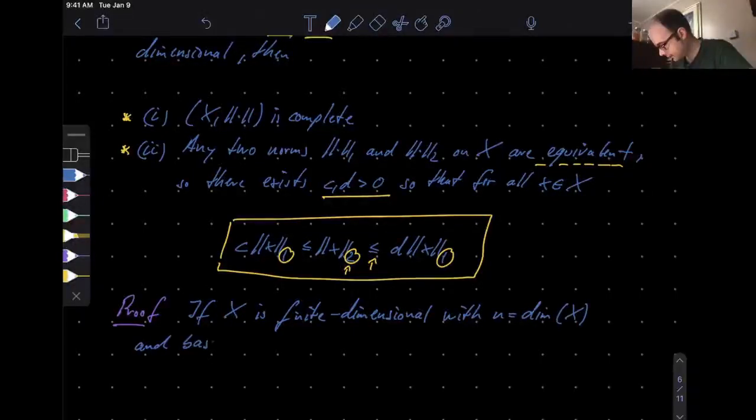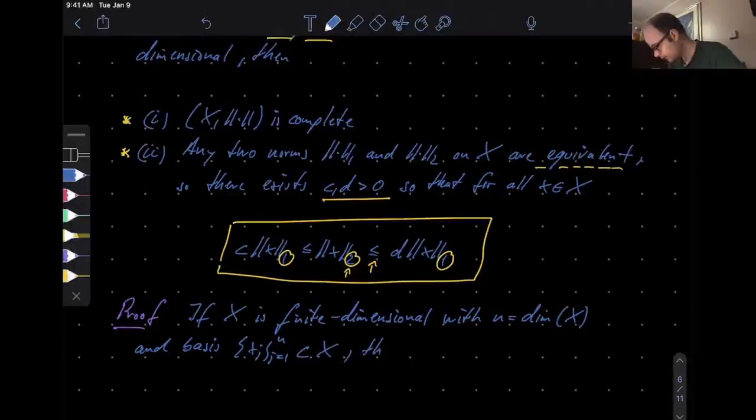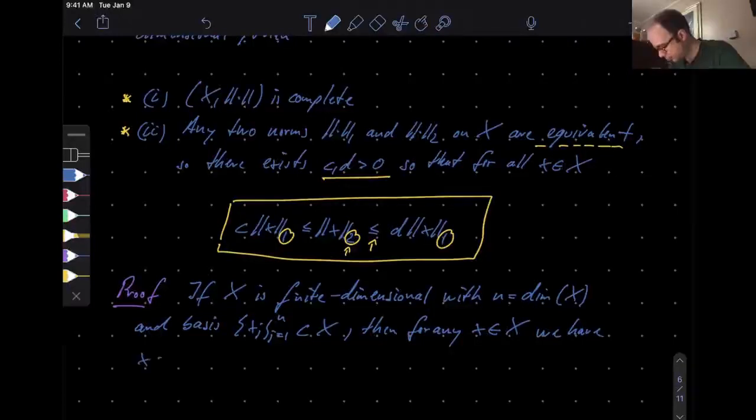and as I already said, finite dimensional vector spaces have a basis. This is a constructive proof in linear algebra. What does the basis allow you to do? Well, it allows you to expand any vector in terms of that basis, right? So then for any x in X, we have that x is a linear combination of the basis elements.